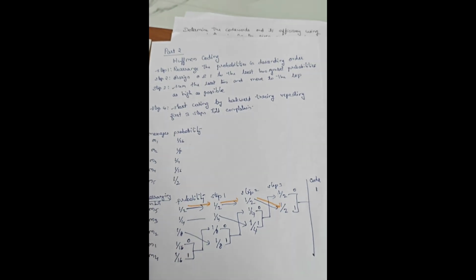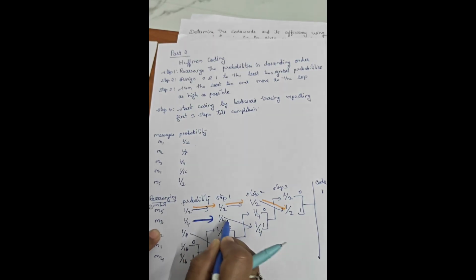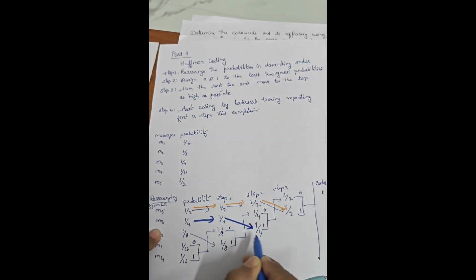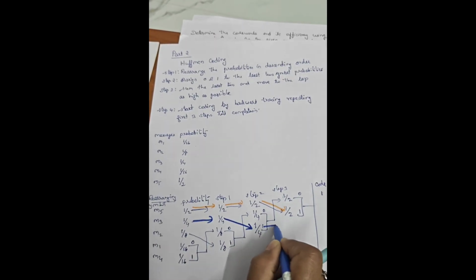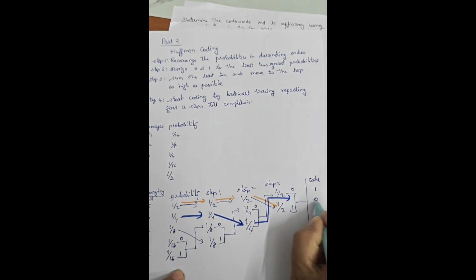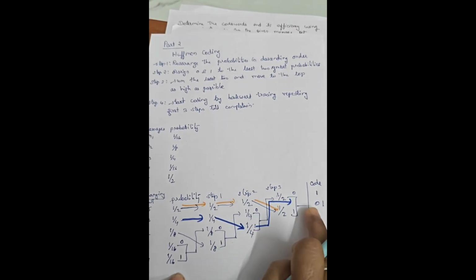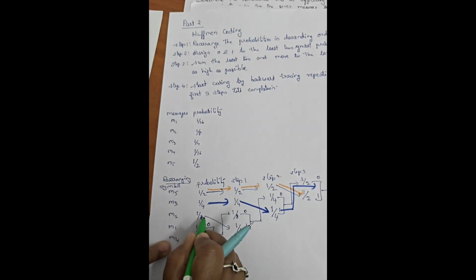For the second one, let us see M3. Move from here, it goes to the next. Now it is 0. Again from here it moves towards this one, so it is 0. This one it is 1. So it will be 0, 1. In backward tracing, this 0 comes first and this 1 second: 0, 1. For the third one, it starts from here.